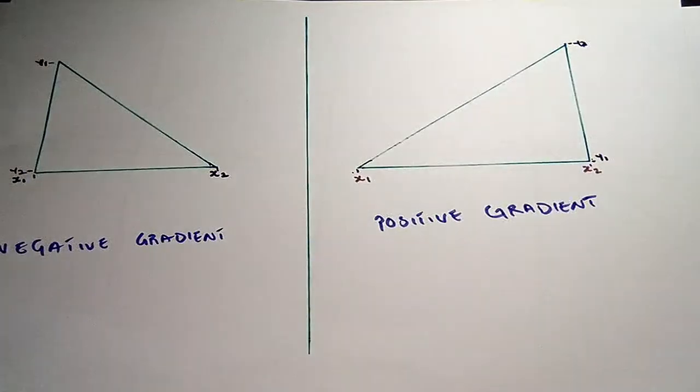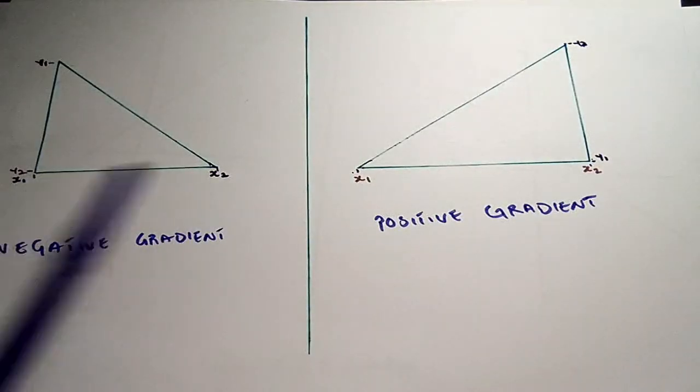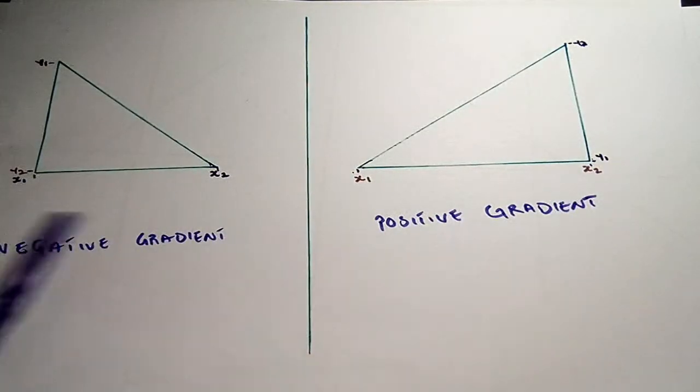So these are important things you need to know. Then the x1 and x2 actually stay the same between the two gradients. So the point of gradient is for you to find the slope.